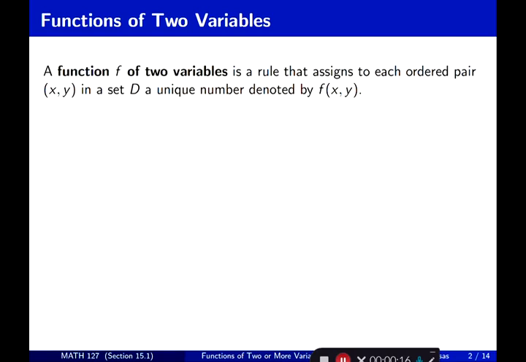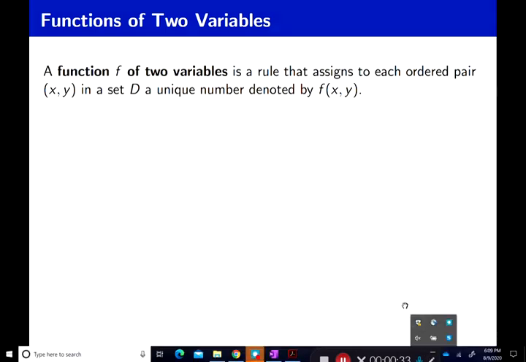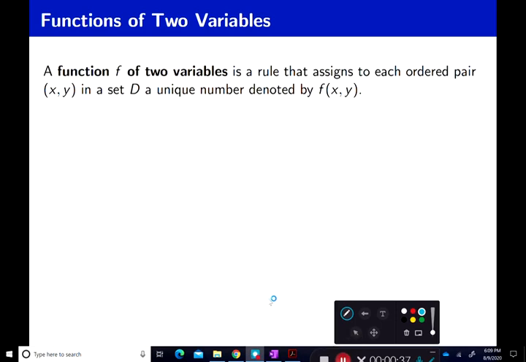A function of two variables f is a rule that assigns to each ordered pair x and y in a set D, which is the domain, a unique number f of x and y, also called z.